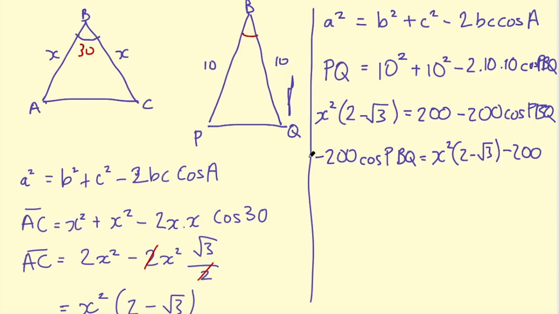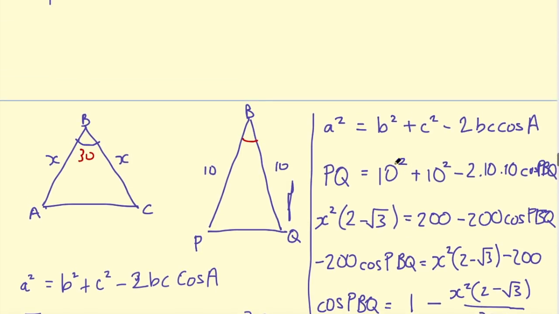And then I need to divide this by minus 200. Because I'm dividing by a negative number, the signs on this side change. So this is going to be cosine of PBQ equals, so 200 divided by 200 would be 1, and the negatives cancel out, and then this is a positive now, so that's going to change to a negative, and so I'm going to have x squared times 2 minus root 3 divided by 200.